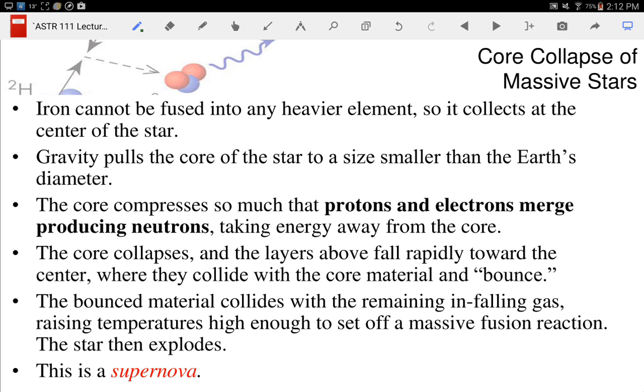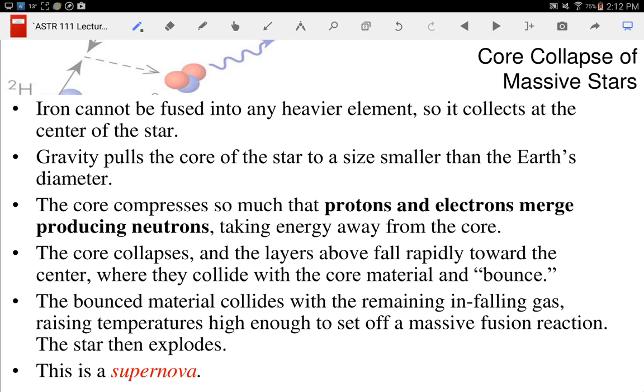What you have is the core will be so compressed that you'll overcome the electron degeneracy and force electrons into protons. When you force the electrons into the protons, they basically destroy each other and create neutrons and neutrinos and light.